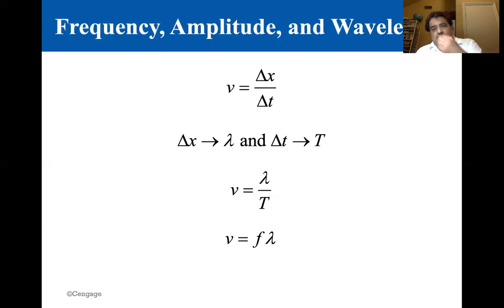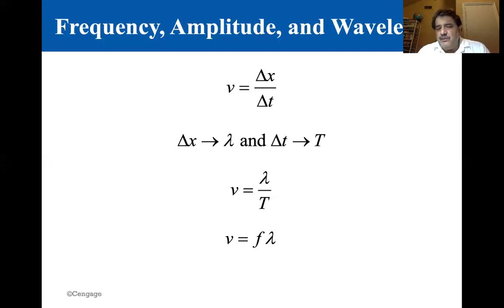Now these will be important later on to remember, not only as we're talking about audio waves, but as we get into electromagnetic waves, where the velocity in that case is going to be 3 times 10 to the 8 meters per second, the velocity of light.